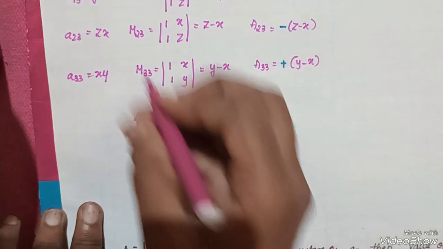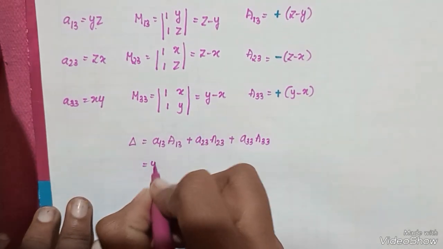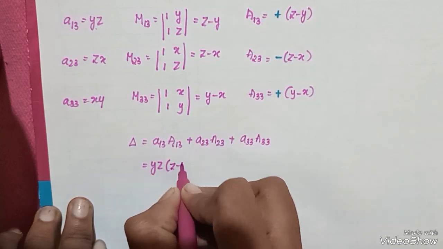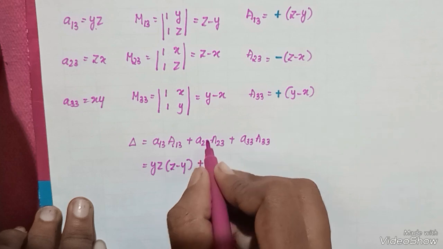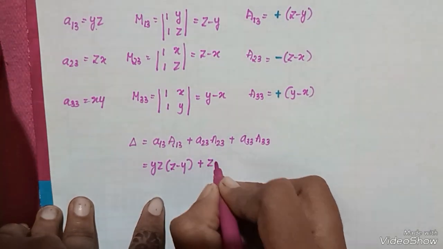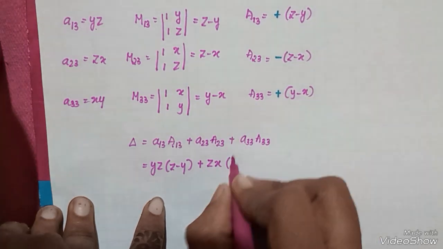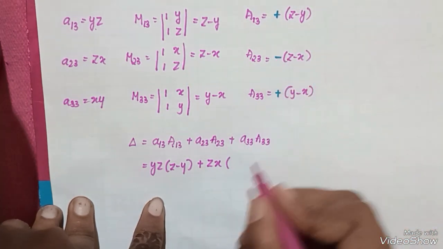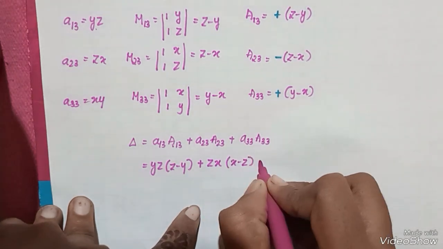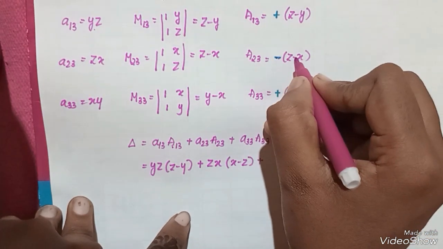Here A13, the value is yz, into z minus y, plus A23, that is zx, into the cofactor 23, which is minus. I multiplied minus on this element, so it becomes x minus z, because minus into z is minus and minus into minus is plus.